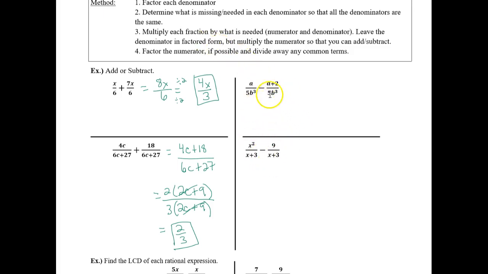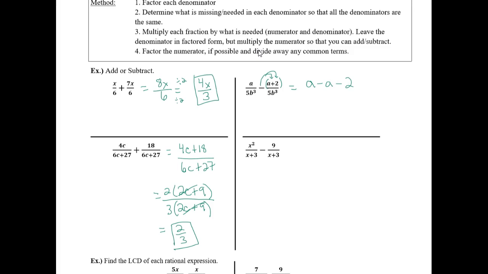Alright, here we are on the right hand side. They already have a common denominator. We have to be super careful with this subtraction. When we subtract, we're subtracting everything. So you actually have to distribute that negative to everything. This is the same thing as a minus 2.